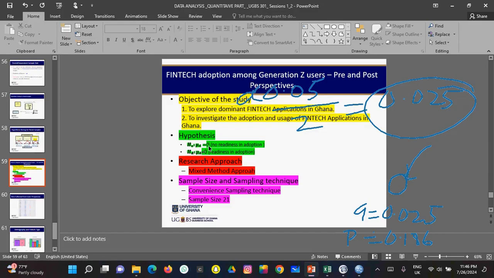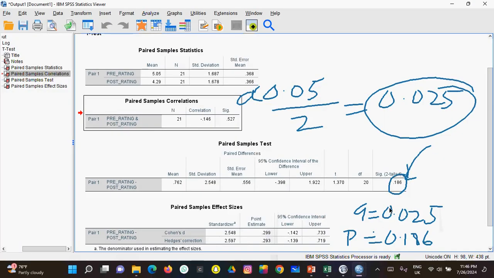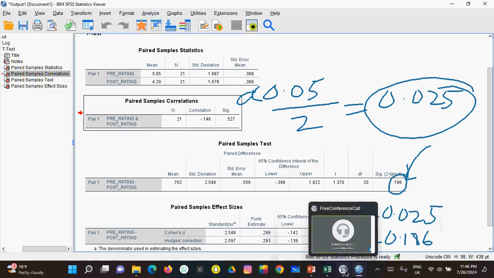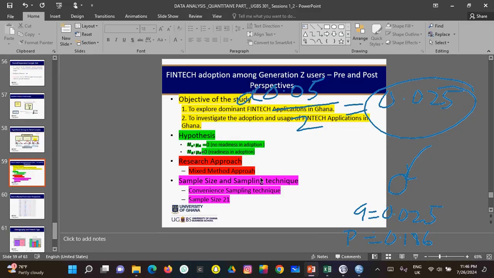So if we are failing to reject it, then what the null hypothesis is saying is true. There is no readiness in adoption of the fintech applications. That's why we are failing to reject it. But if we were to reject the null hypothesis, then it means that there is readiness in adoption of the fintech applications.